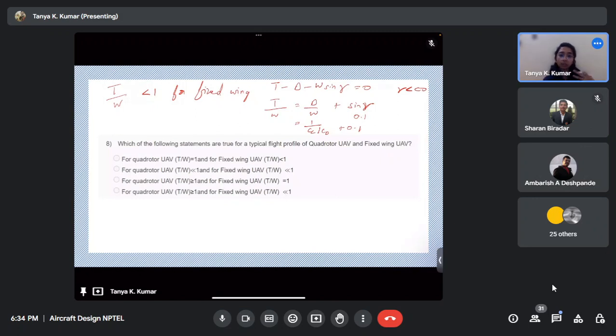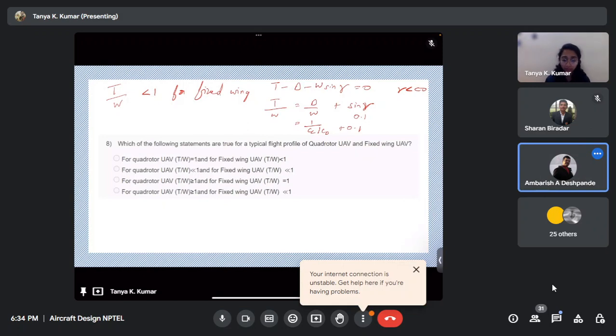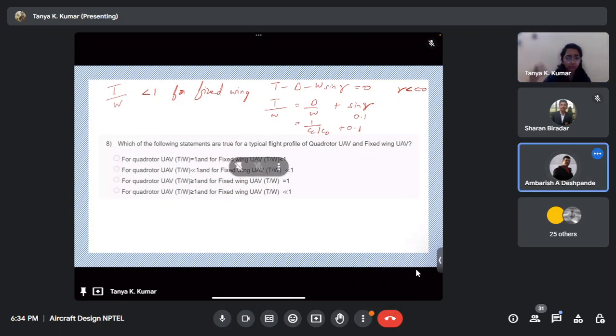We know that. Now what about for a quadrotor? Thrust to weight ratio for a quadrotor. Just think about it. A quadrotor has four rotors. What do those rotors produce? Balance the weight, correct. So they produce thrust. Each of those rotors produces thrust, and the overall thrust balances the weight, correct.